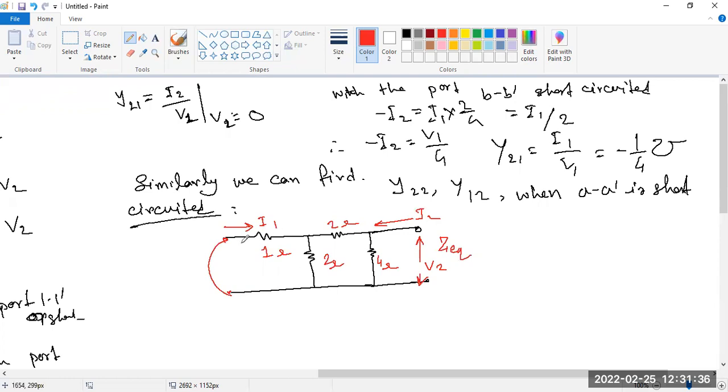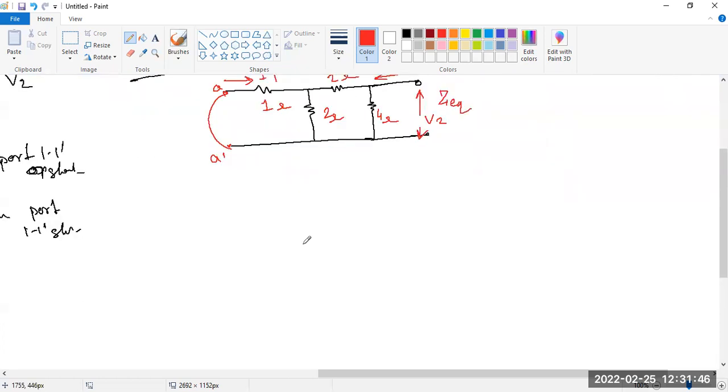Okay, so A and A dash is short. So we have to find out I2 by V2 equal to 0.